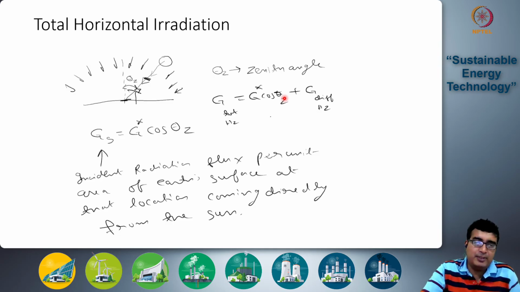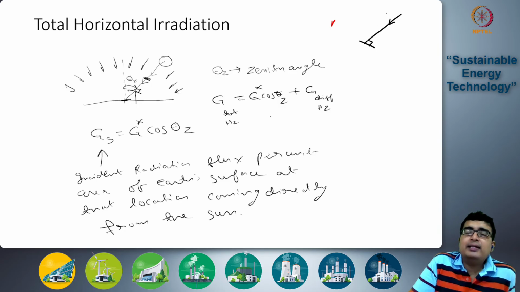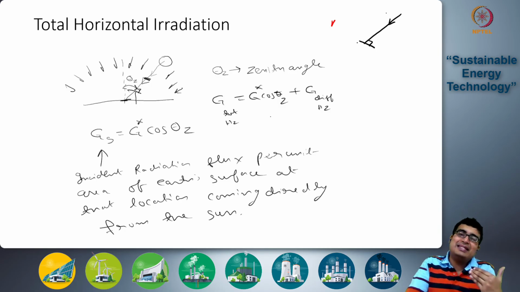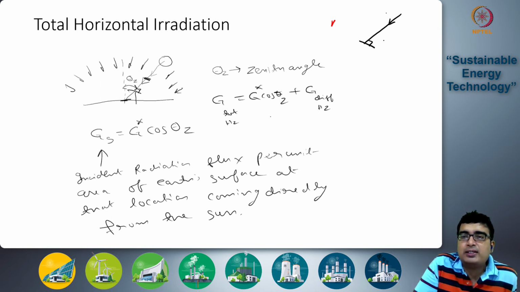Let me just explain this a little bit more clearly. So here, the sun's rays are coming in this direction, right? If a unit surface was oriented perpendicular to the sun's rays, so this is 90 degrees, then the flux that is incident on this surface that is normal to the direction of the sun is G star.